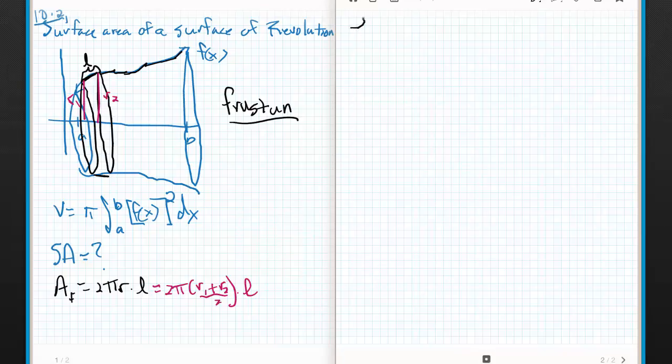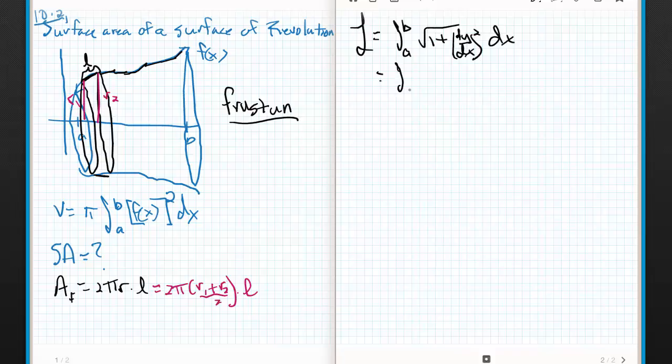I pounded this into you, hopefully: the arc length of a curve is simply the integral from a to b of the square root of 1 plus dy over dx squared, dx, if it's a function of x.